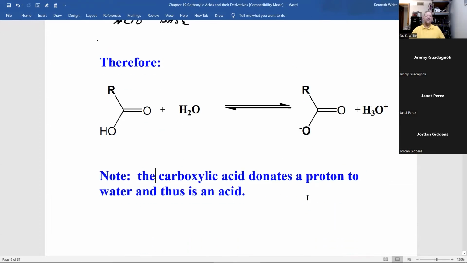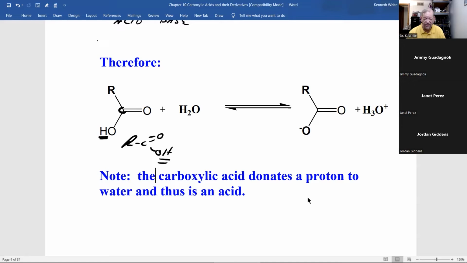Now, for organic chemists, a carboxylic acid is an acid. And this hydrogen, which I could write like this, is acidic.